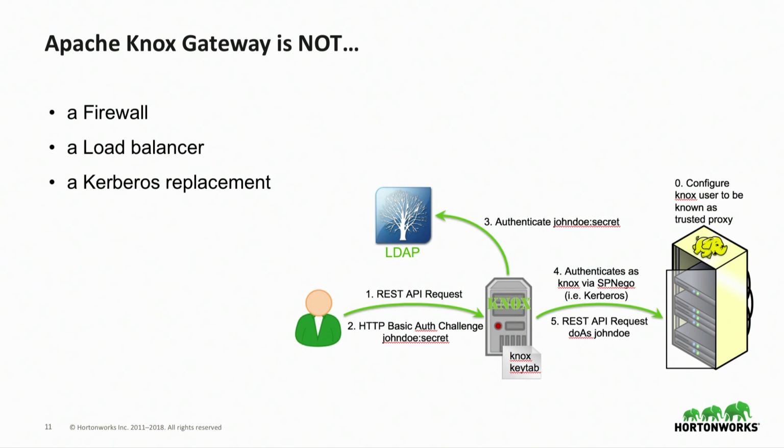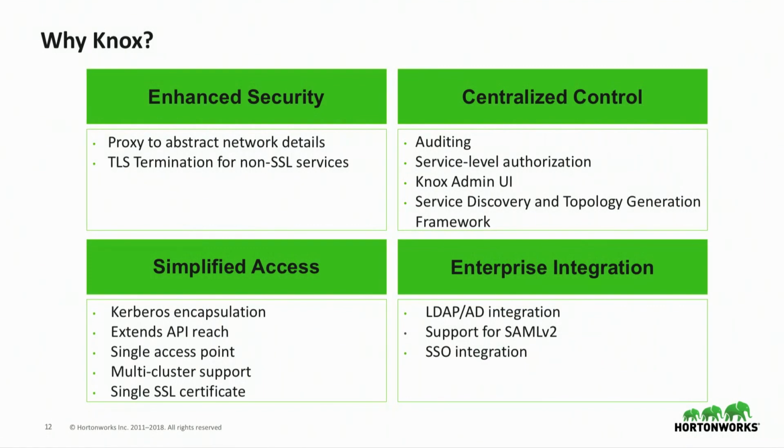Knox is set up as a trusted proxy where the user can do a basic auth with Knox using their credentials. And then Knox would essentially use its keytab to authenticate with the Hadoop cluster. So it uses something called impersonation, as you see down there, doAs John Doe. So pretty cool feature and very helpful.